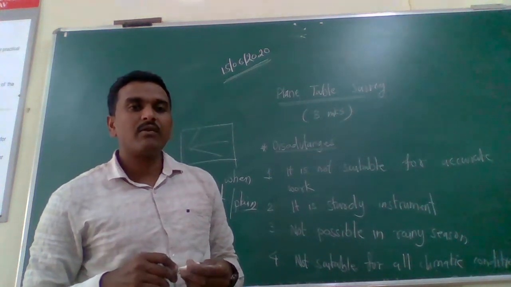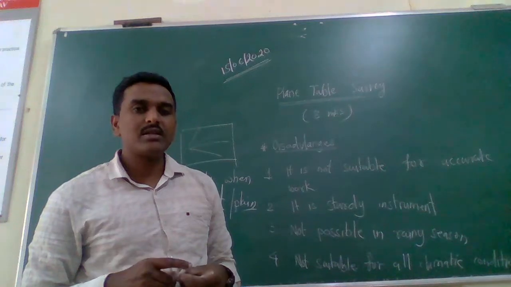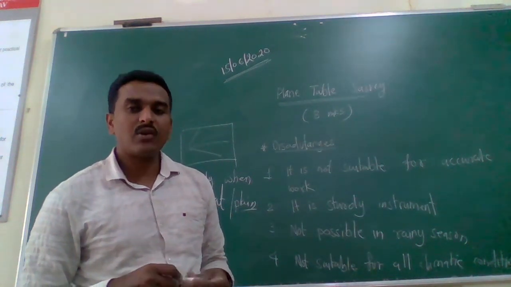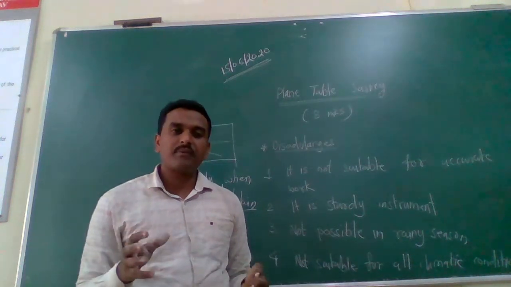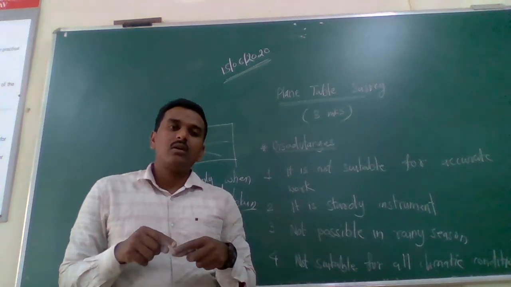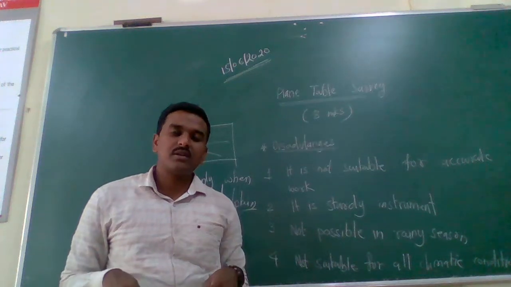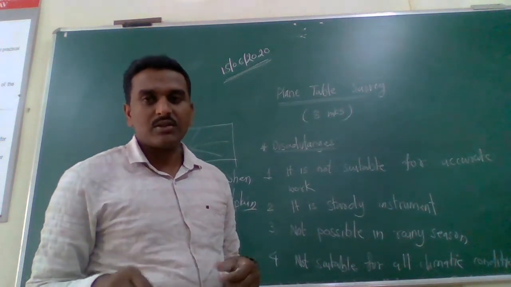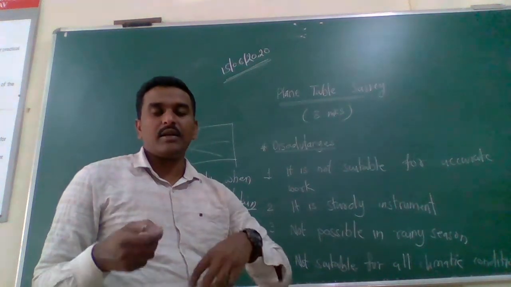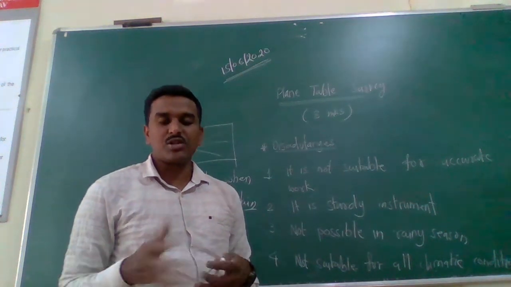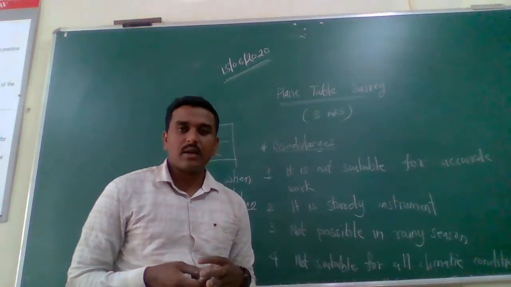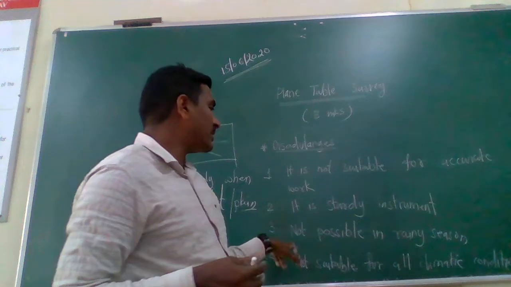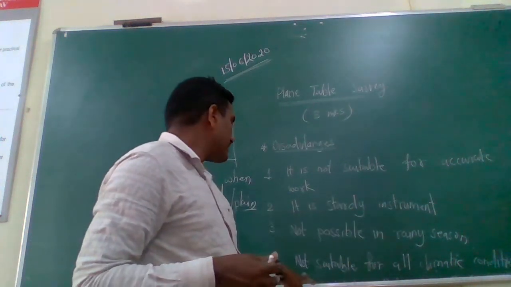That's why when there is heavy rain, or even very less rainfall, you cannot conduct a plane table survey, because the plotting which is done on the graphic sheet will deteriorate or be destroyed in the rain. Therefore, it is not possible to conduct the plane table survey in the rainy season.